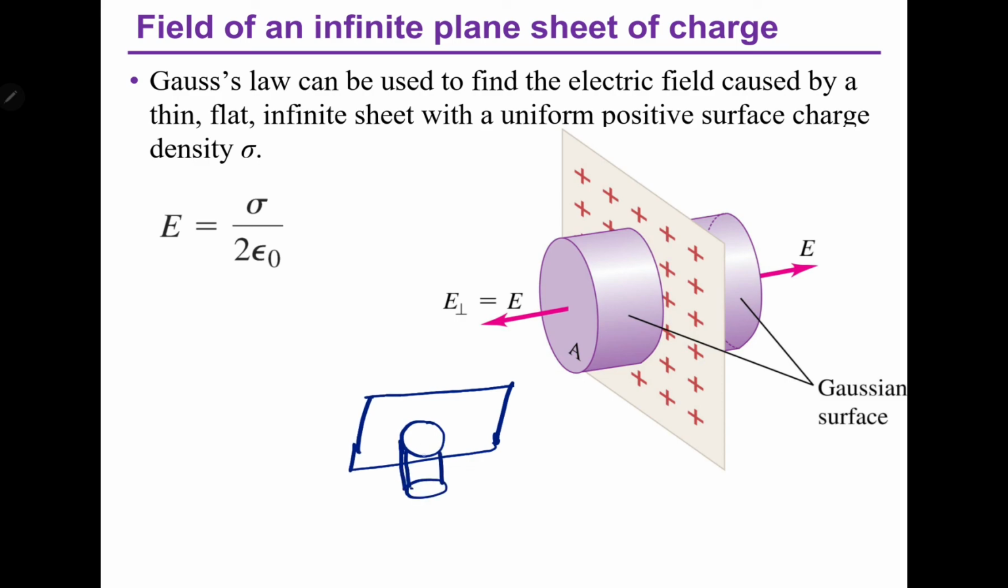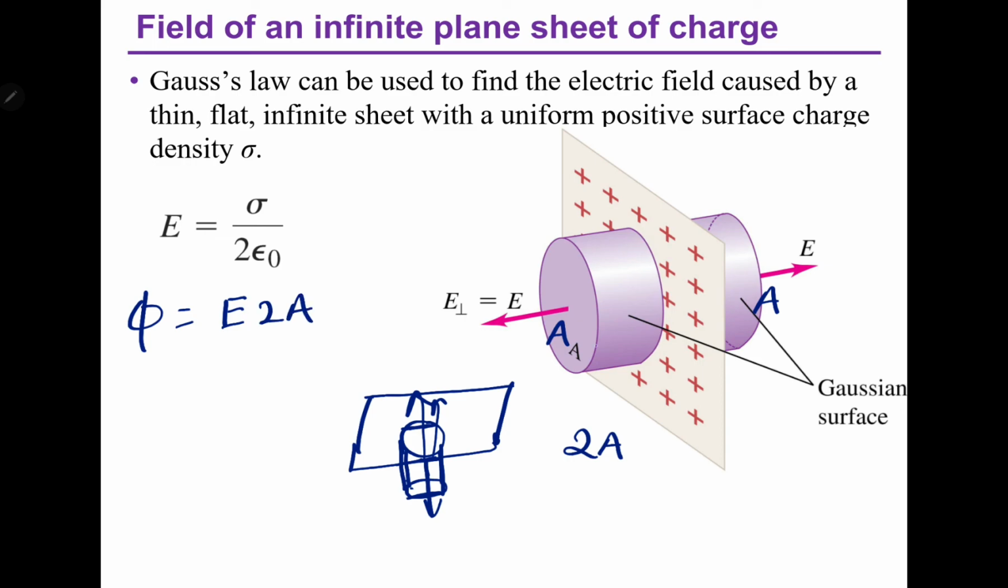So the electric field lines will go up or down, right? These two surfaces are important. If the surface on this side is A and the other side is also A, the total surface is 2A, so I can write phi equal to E times 2A.